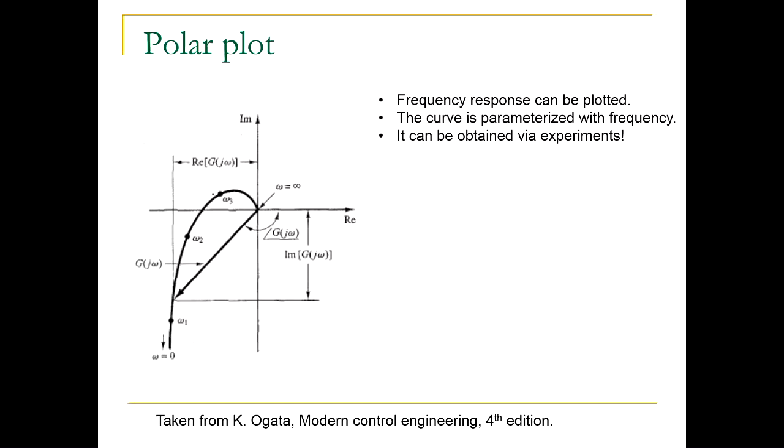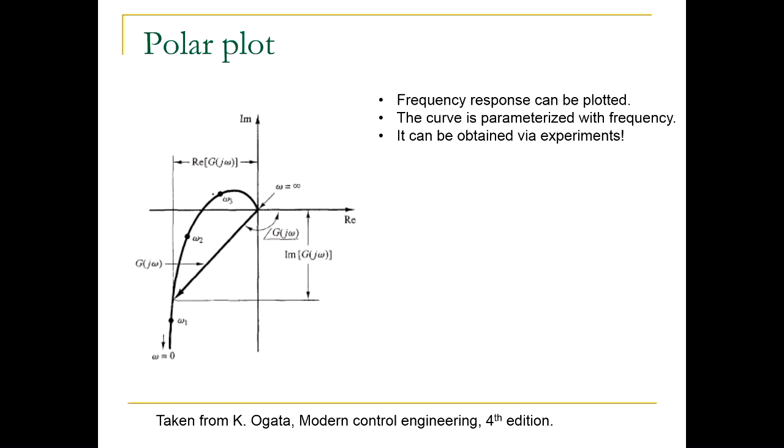Now what's a cool thing is that if we look at the polar coordinates representation, for instance, for ω3, we look at the polar coordinates of this point, right? This is on the frequency response. Well, the distance from the origin turns out to be the magnitude of G evaluated at jω, and this angle here turns out to be the phase, exactly.